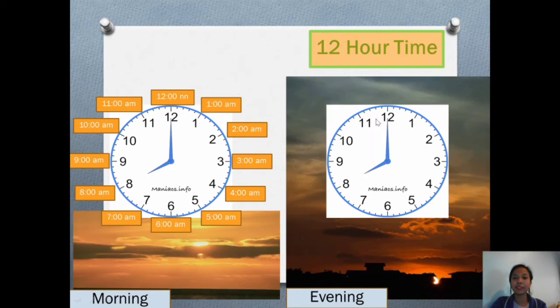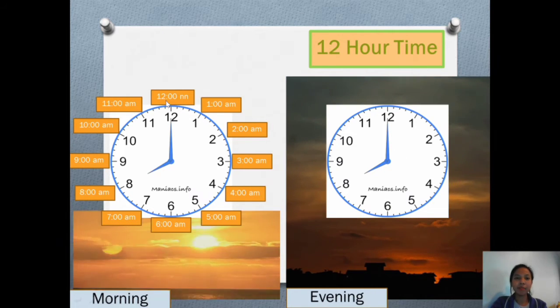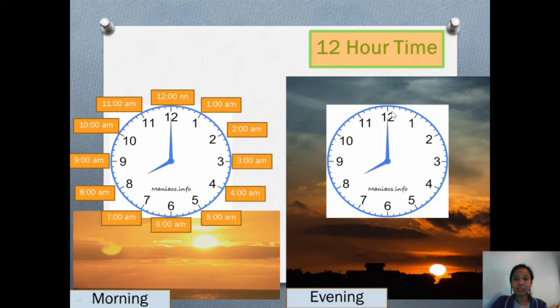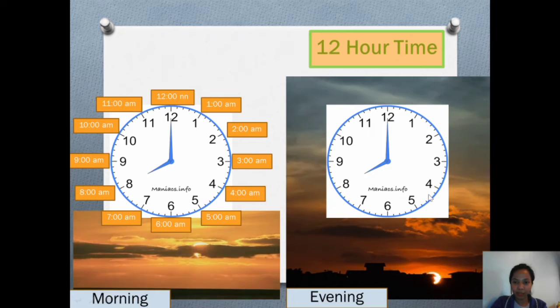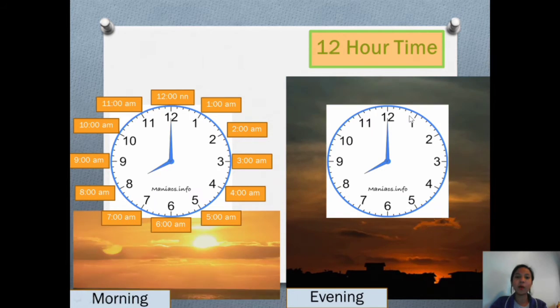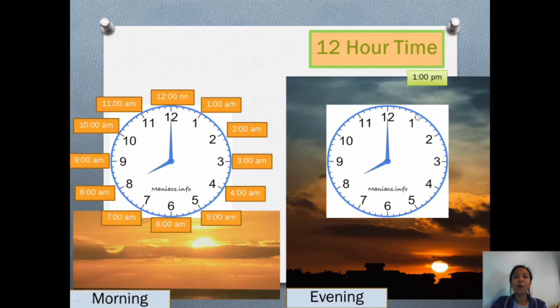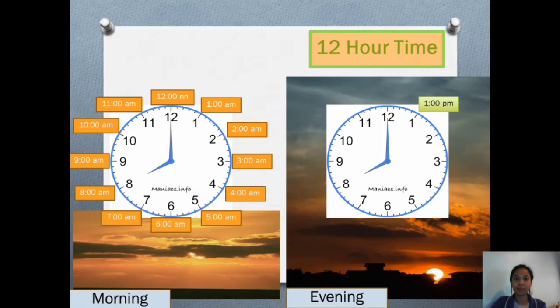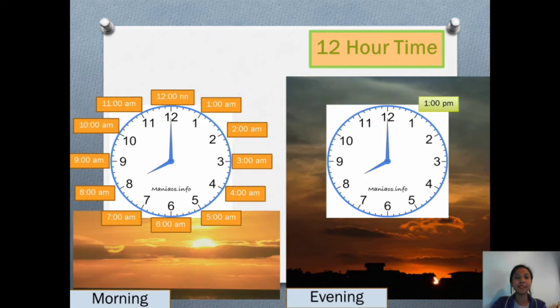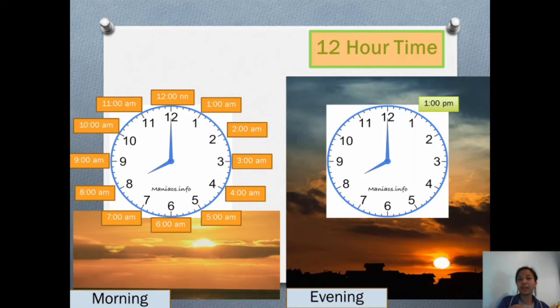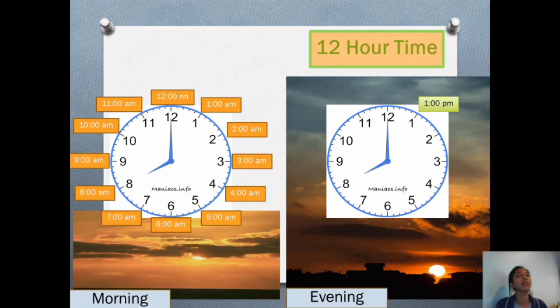Next, evening. After this 12 noon, it turns around again along this part of the clock. After 12 noon, it's already 1 p.m. As I said earlier, p.m. stands for either afternoon or evening.